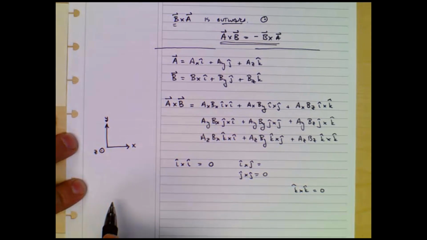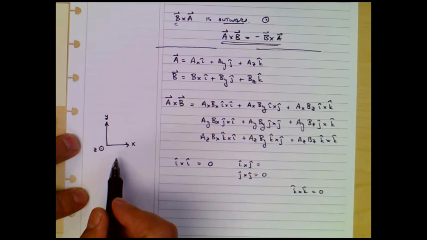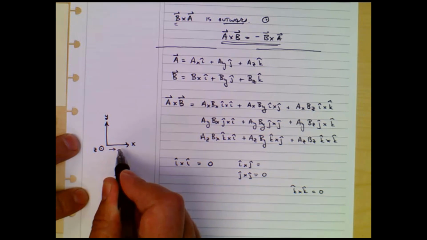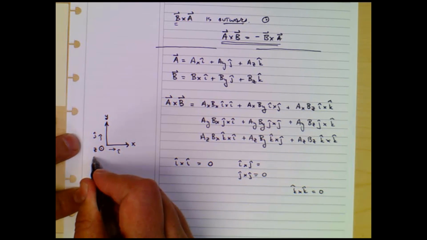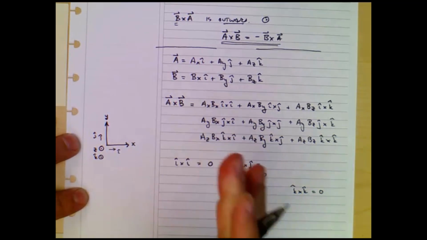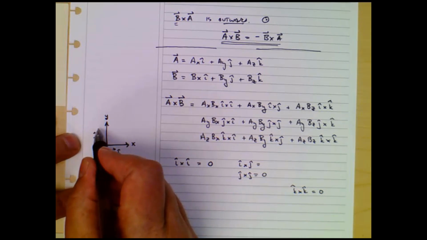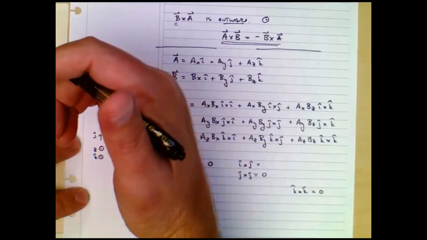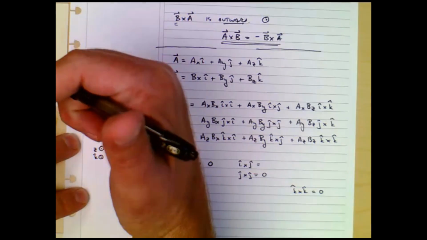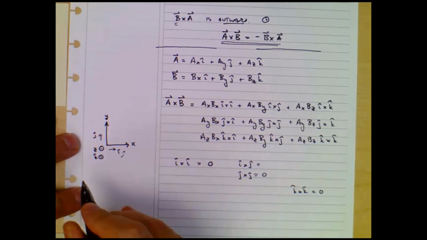The Cartesian 3-space orientation here is such that if I take i hat and j hat, I need to get k hat out. So k hat also comes out. i cross j equals k. I need to rotate i in the counterclockwise sense to line it up with j, and so my thumb points in the direction of k. That's how we know we have what's called a right-handed coordinate system.